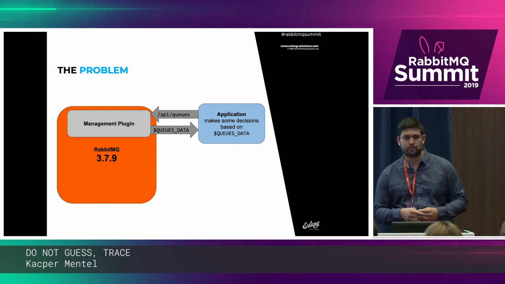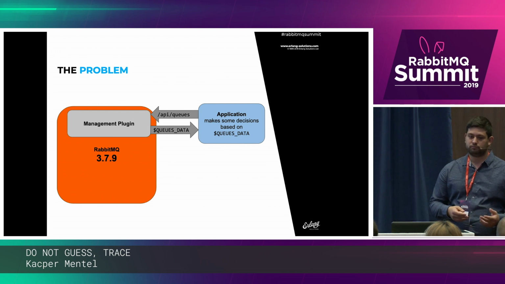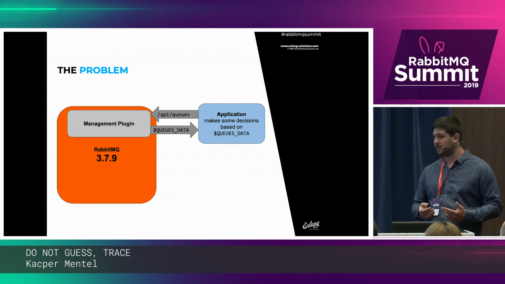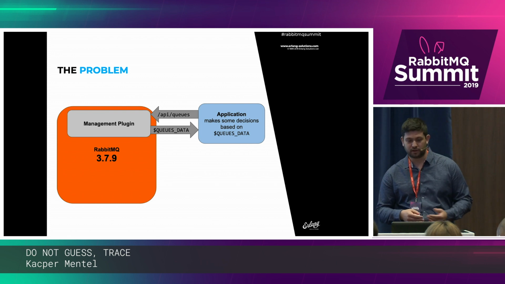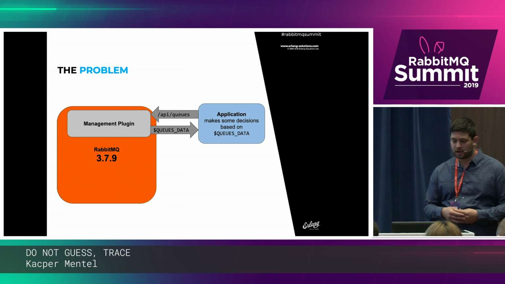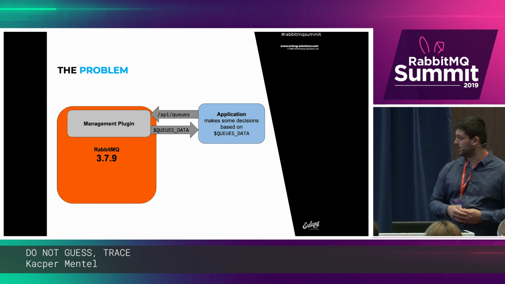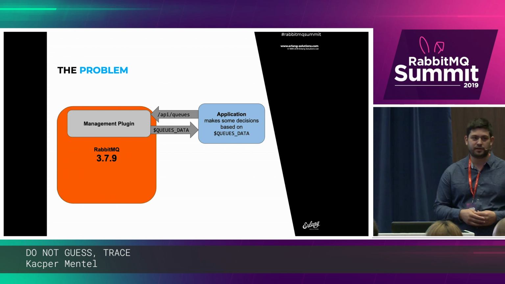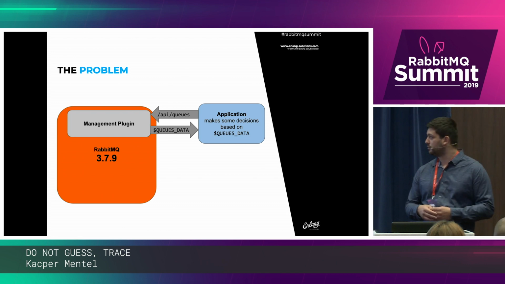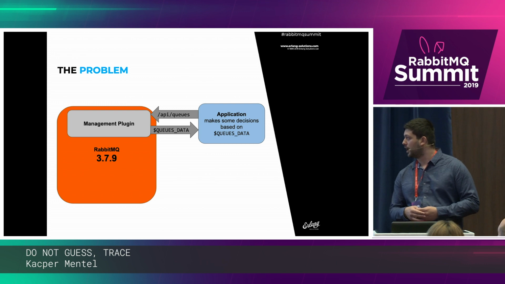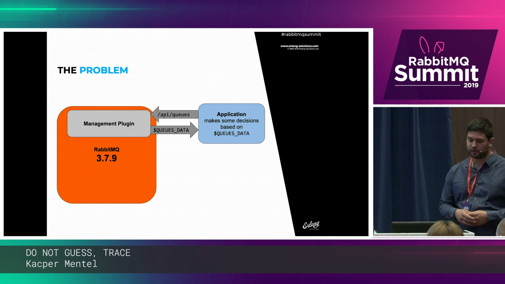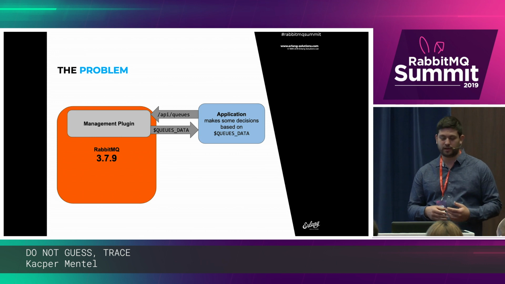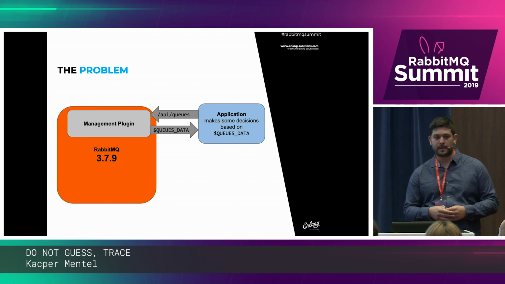It also exposes an HTTP API that can be used to get some statistics about the system, like, for example, information about the queues. So the application was just periodically sending HTTP requests to the management plugin HTTP API, to the /api/queues endpoint, to get data about the queues, and the plugin just returned that data to the application.